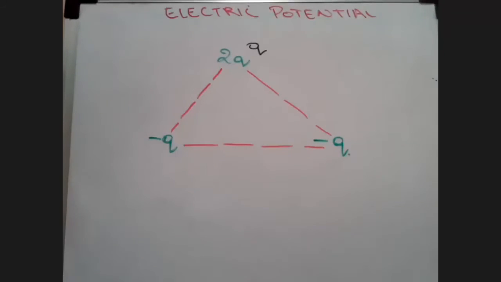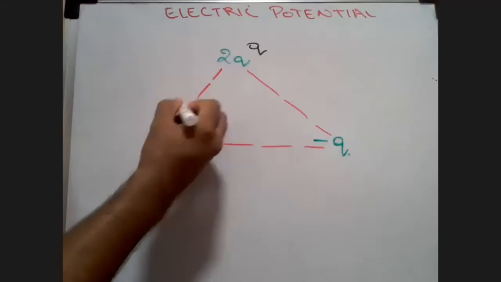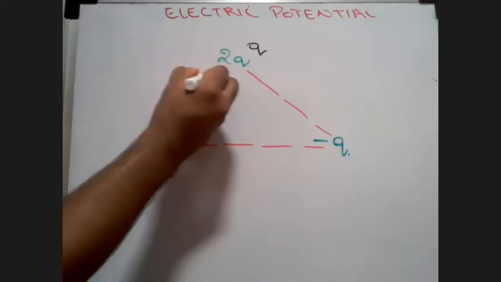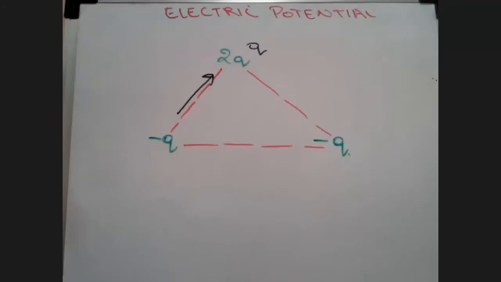And now, what was the dipole moment? From where to where? From negative to positive or positive to negative? Negative to positive. So I can say that the dipole moment between minus q and q will be like this. Yes or no?